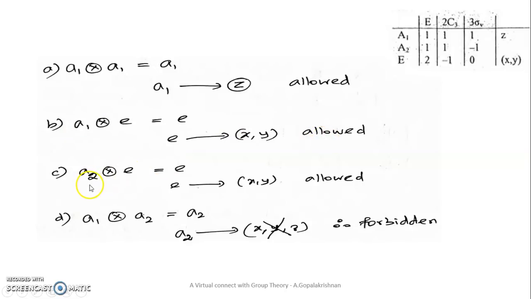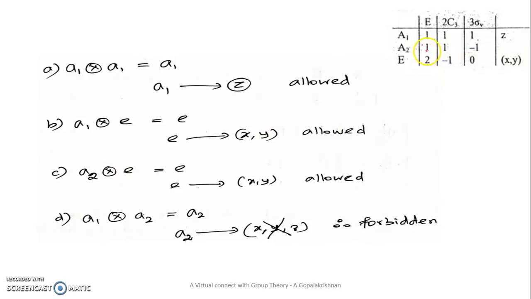Then the next option, A2 to E transition. Third option, A2 to E. Listen, initial state is A2, final state is E. Multiply these two. So for A2 what are the characters? Characters 1 1 minus 1. For E the characters are 2 minus 1 0.